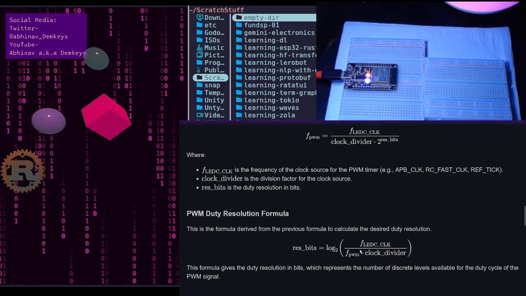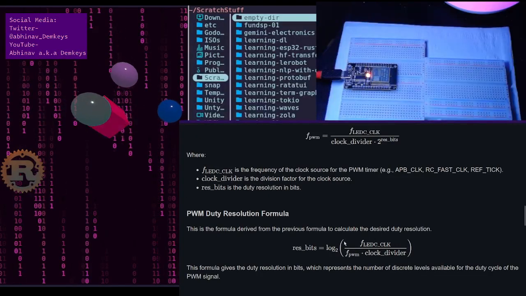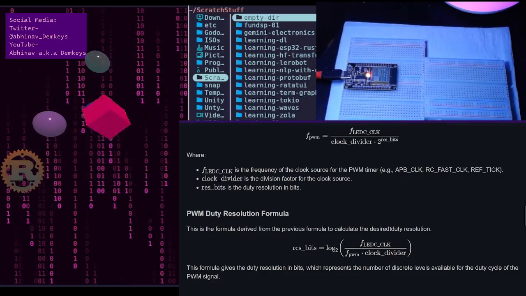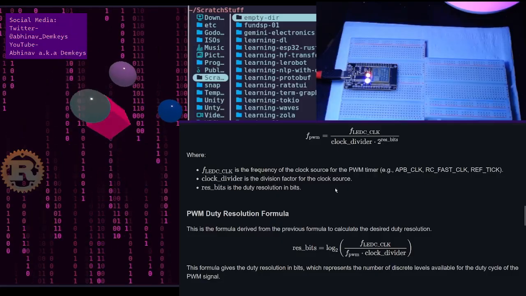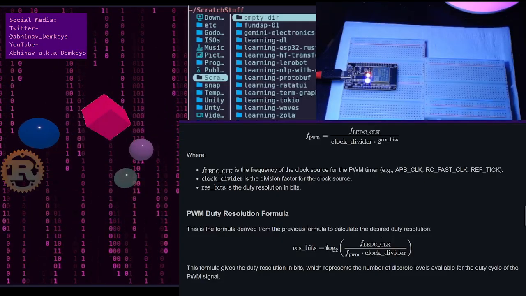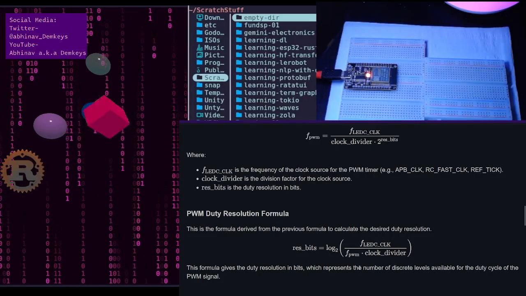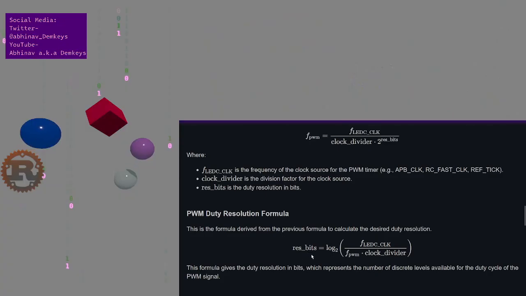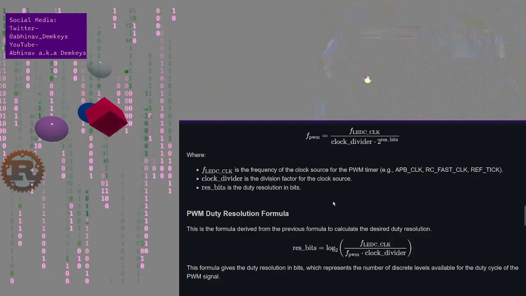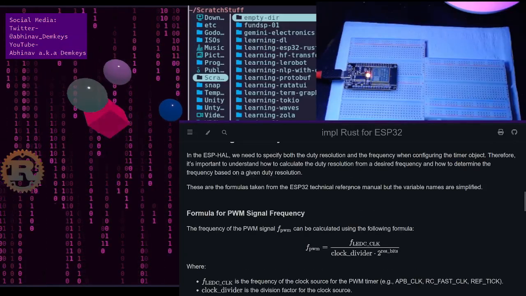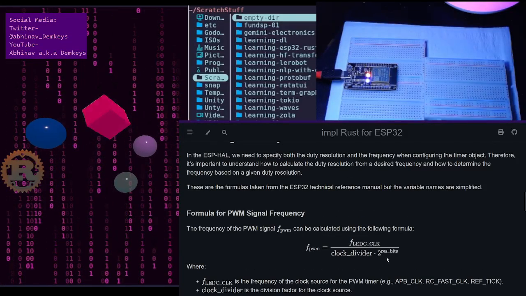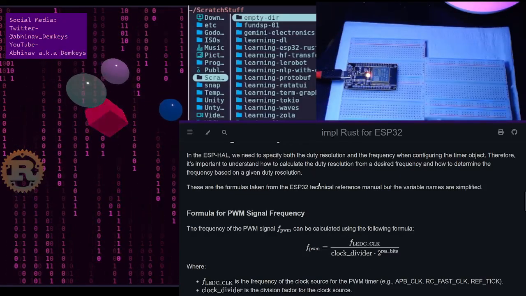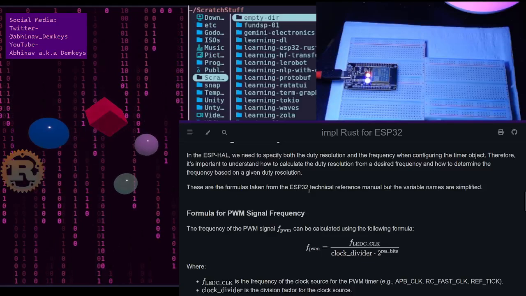If you have the frequency of the clock source, the frequency of the PWM, and the clock divider, then you can calculate res bits. Or if you have the frequency of the clock source, the clock divider and the res bits, then you can calculate the frequency of the PWM. I think that was the relation between them.